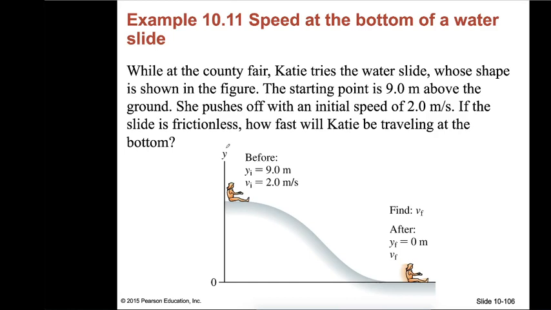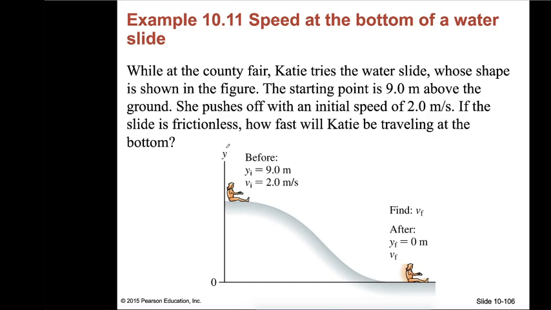While at the county fair, Katie tries a water slide, whose shape is shown here. The starting point is 9.0 meters above the ground. She pushes off with an initial speed of 2 meters per second. If the slide is frictionless, how fast will Katie be traveling at the bottom?